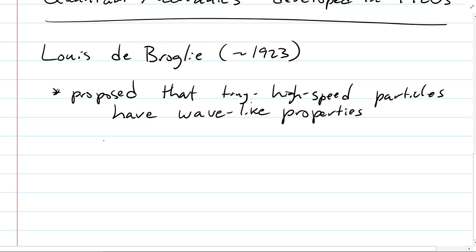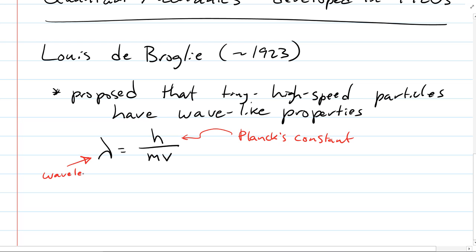But when de Broglie developed his equation, it looks like this. To show that relationship, lambda, the wavelength, is equal to h over mv. It was really kind of odd that this constant showed up again in the calculation, but this here is Planck's constant. Lambda here is the wavelength. m is the mass of the particle.